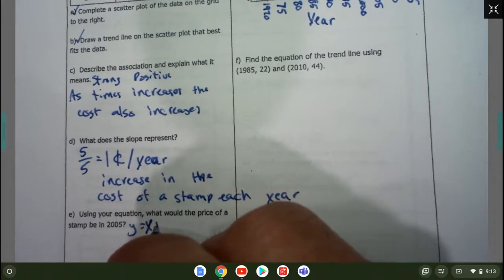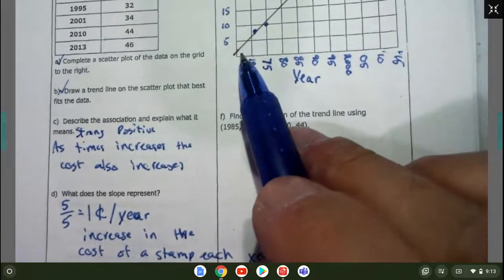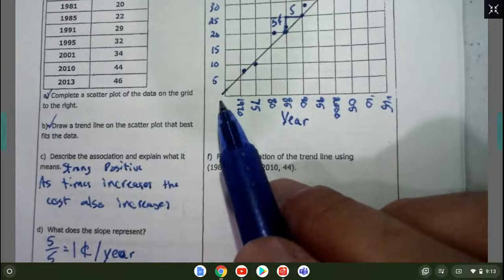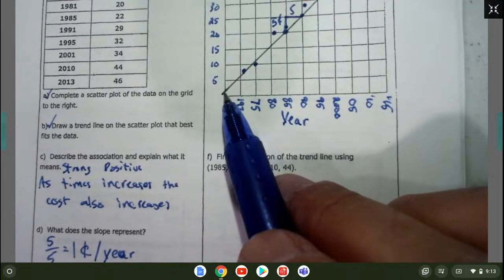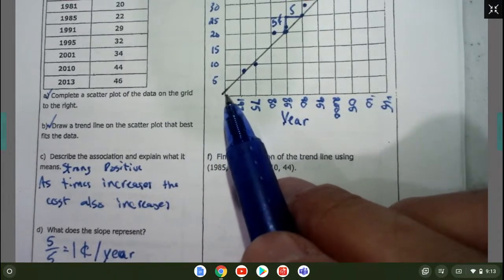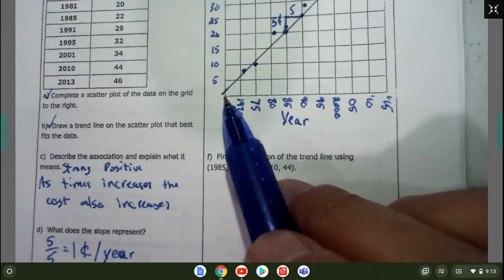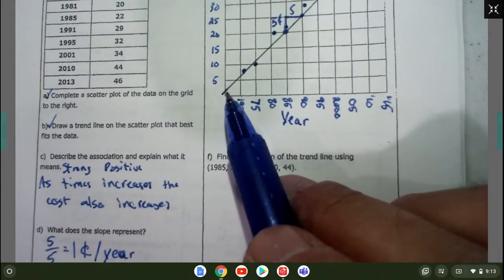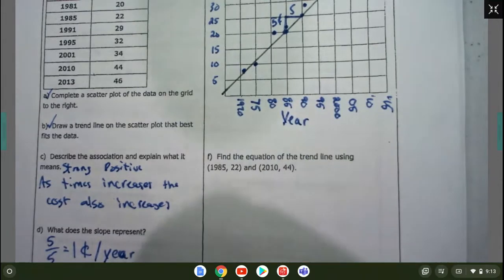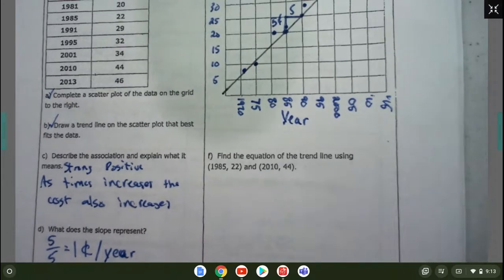Or x plus, I don't know, what do we start with here? At this year, I guess really that's like 1965 that we started at. Was that maybe like 2 cents per stamp plus 2?